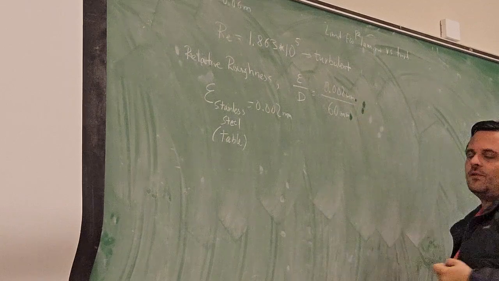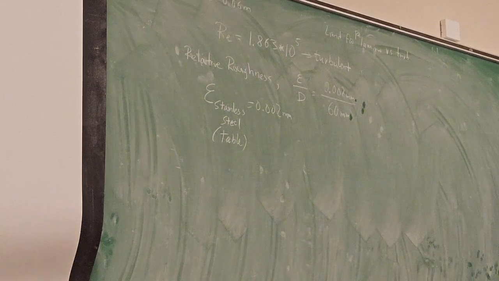So be careful of those things. I don't want you to know how to do the Moody diagram and then all of a sudden you miscalculate the ratio epsilon over D. It needs to be on the same units. Write it down if you forget it. So whenever you divide epsilon by D, you need to have the same units.